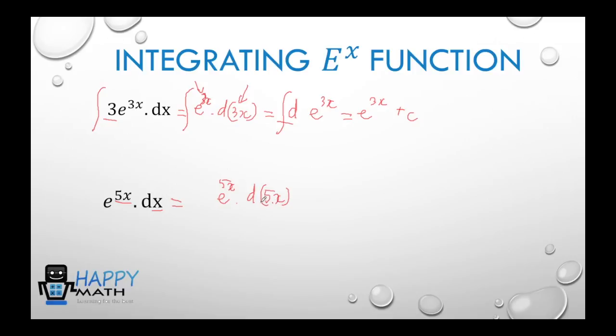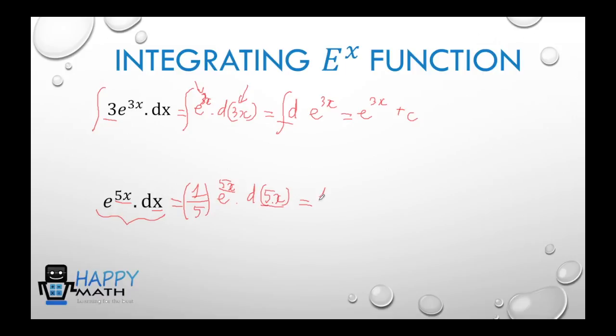So I want to unchain the main function of this one, so I have to divide by 5, because I multiply by 5 in this way and I have to divide by 5 in this way. So I can consider the 1 over 5 here as a constant number. And now the power number is the number of the derivative function.